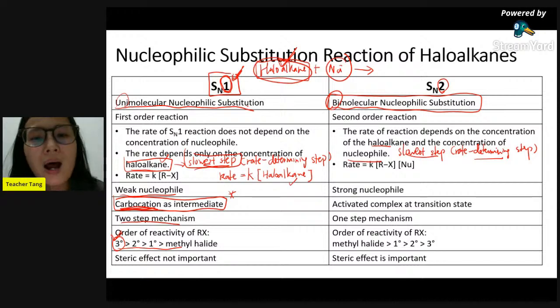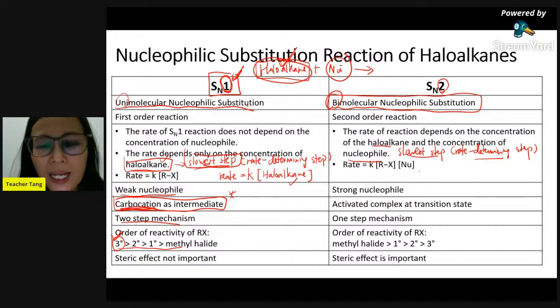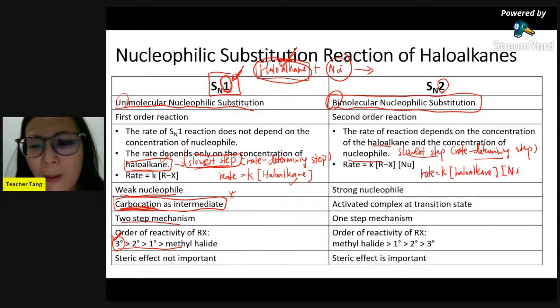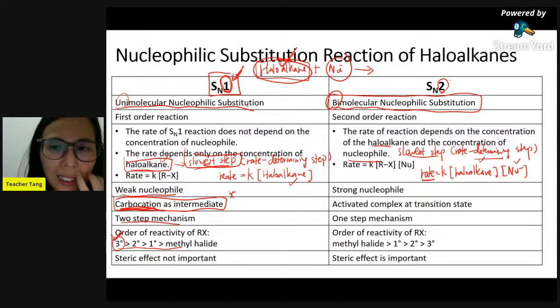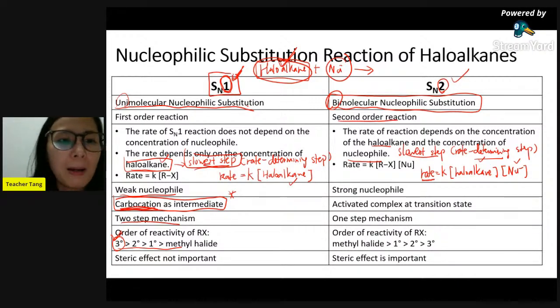Therefore, when we write the rate law for the SN2 reaction, we write rate equal to rate constant multiplied by the concentration of haloalkane multiplied by the concentration of nucleophile, because both the nucleophile and the haloalkane affect the reaction rate. SN2 is an overall second order reaction, but SN1 is overall a first order reaction because it is only affected by the haloalkane.